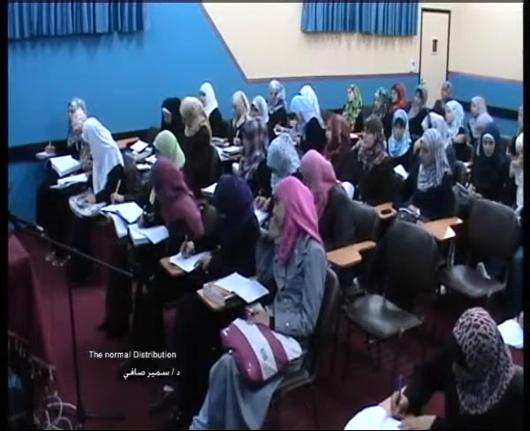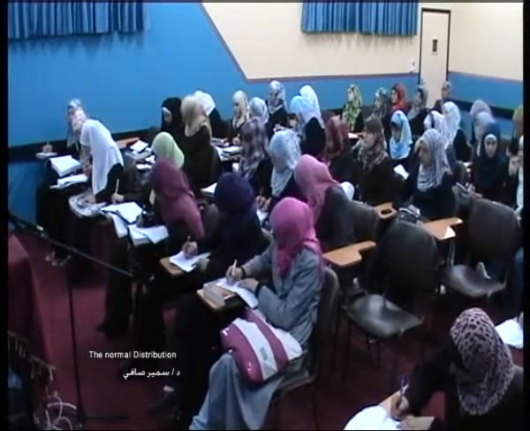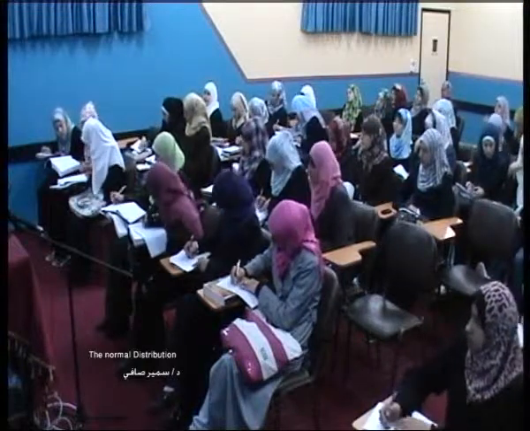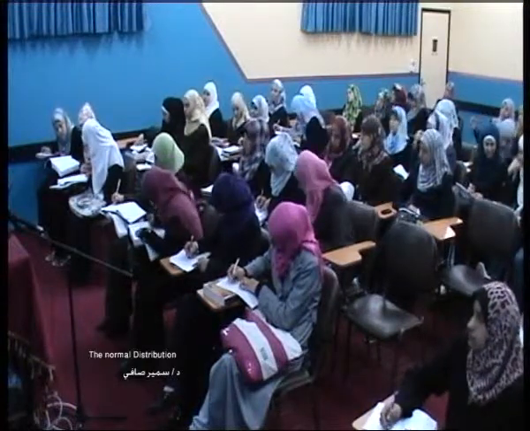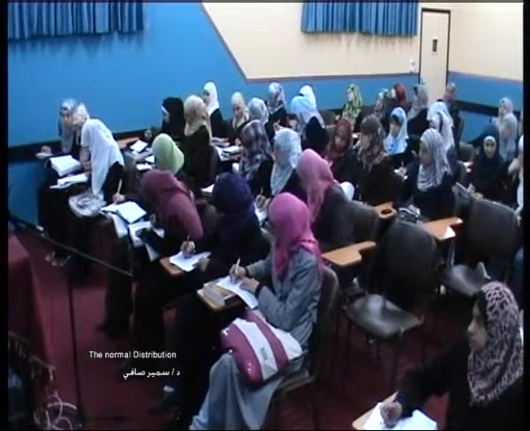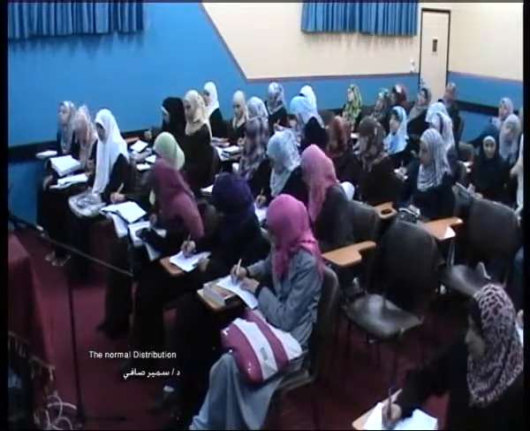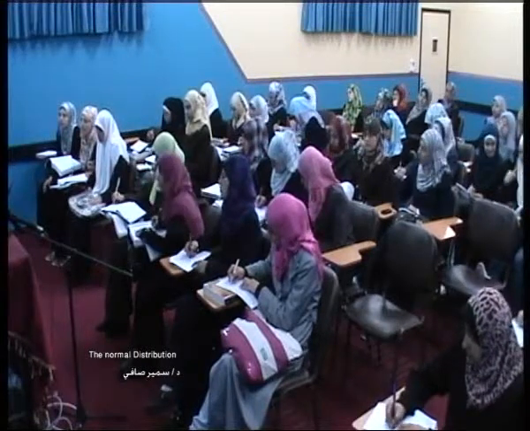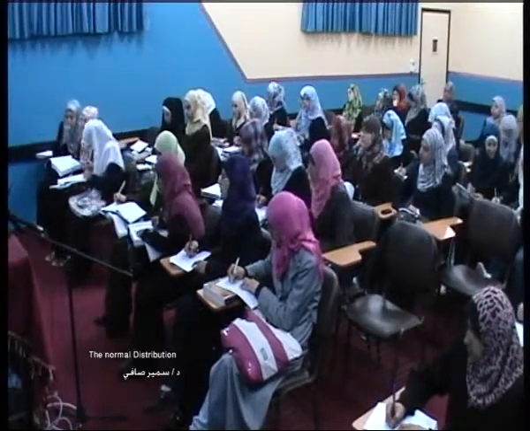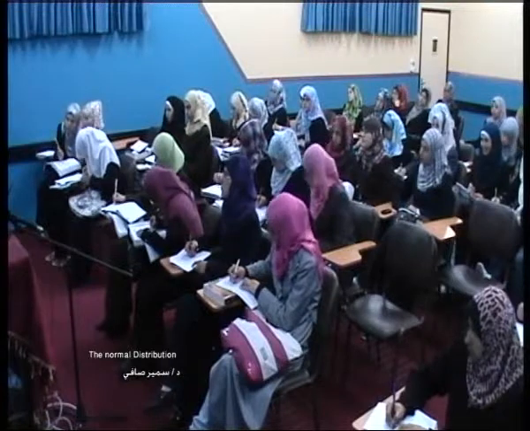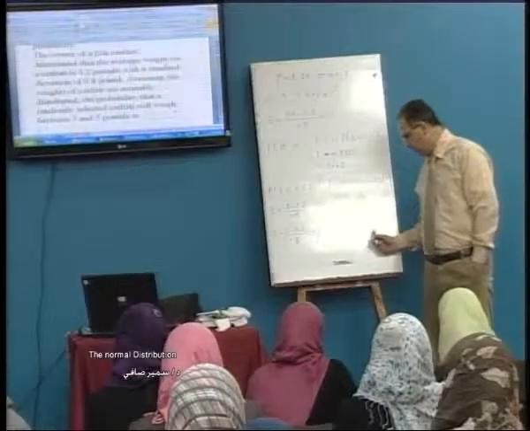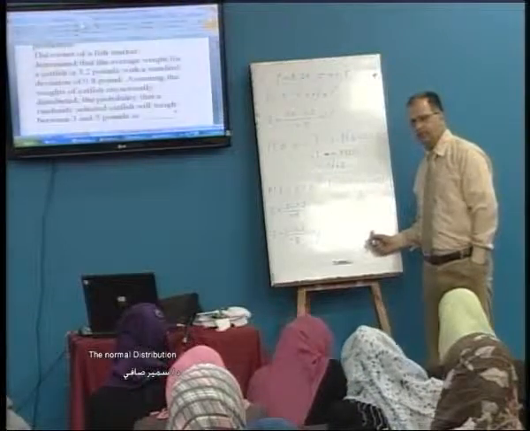0 in the middle, minus 0.25 to the left of 0, and this is the value of 2.25. Now we are looking actually for the area between minus 0.25 all the way up to 2.25.